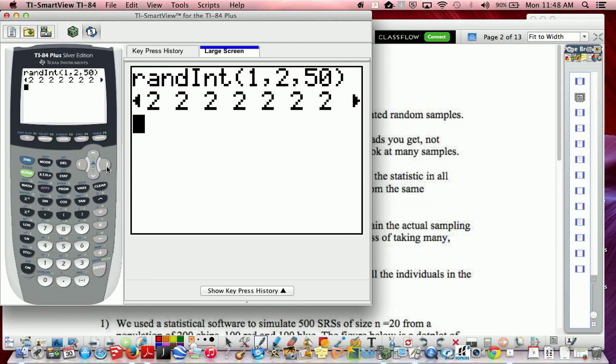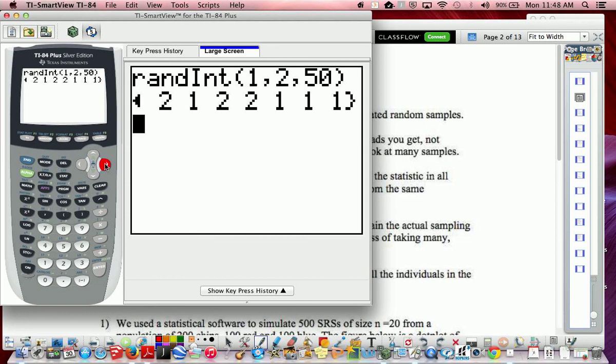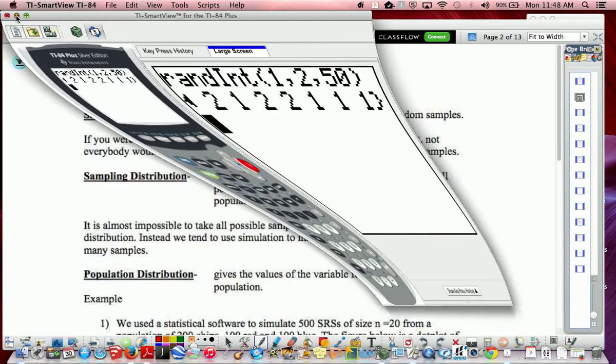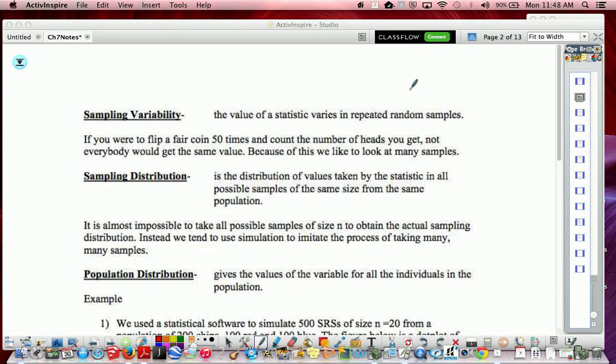Wow, look at those 2s. 18, 19, 20, 21, 22, 23, 24, 25. Wow, I actually got 25. What do you have?